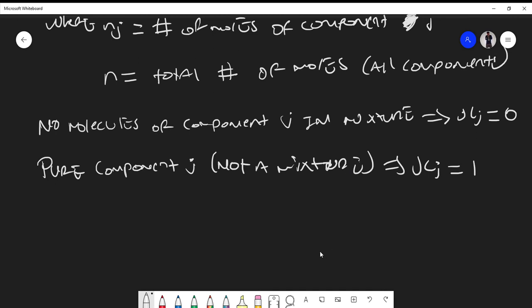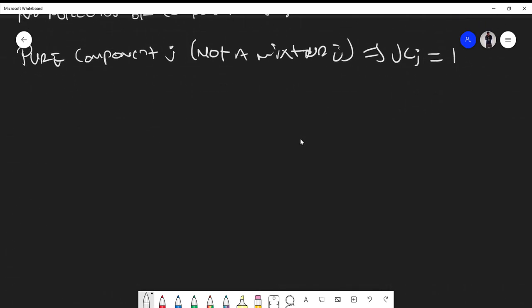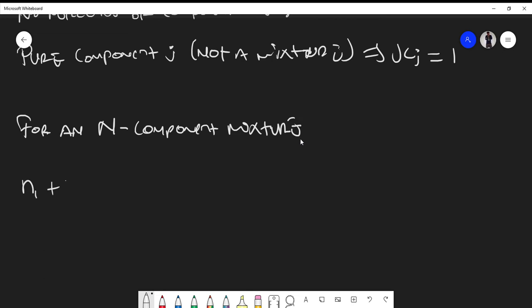So let's talk about n components. For an n component mixture, we could write a formula: n1 plus n2 plus n3 plus etc., all the way up to plus nn.